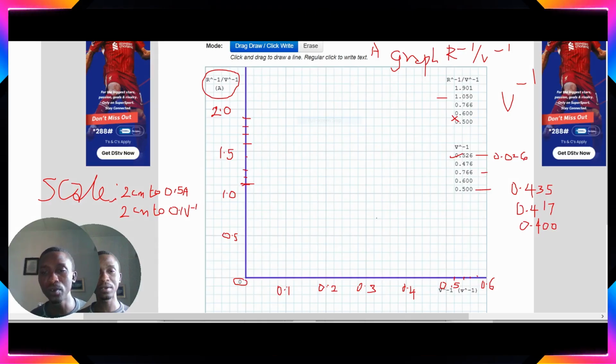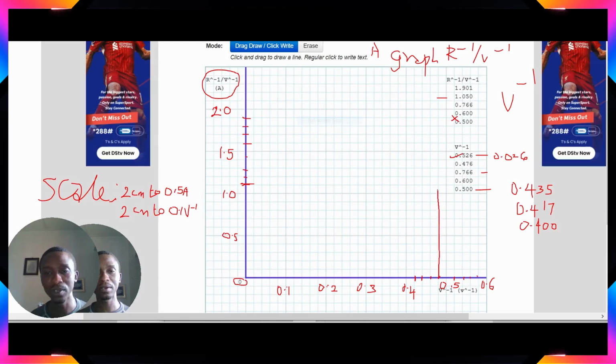So going to 0.476. So here is 0.4, and each one here represents 0.02. So this is 0.42, 44, 46, 48. We can have 0.476, but 0.476 can be approximated to 0.48 on the graph. So here will be the value.